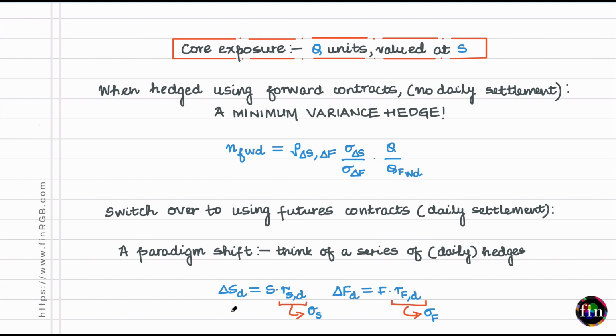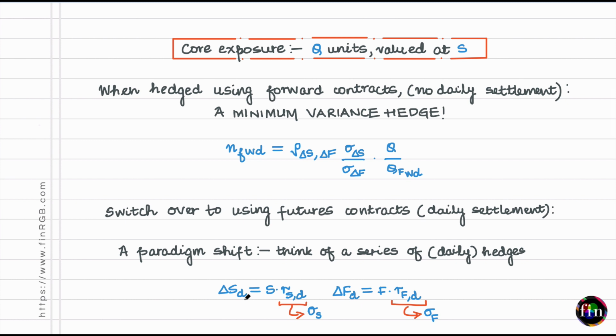I can express these daily changes as simply equal to the product of the level at which I start at the beginning of the day, let that be S for the case of determining this delta S, times some kind of a daily return.